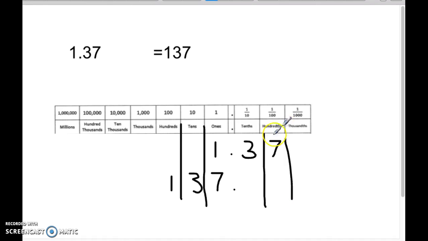So you can kind of see this one has made 2 jumps to the left, as have each of the other numbers. I was a little sloppy, sorry about that. 2 jumps there, the hundredths, tenths, 1. So each of our numbers moved to the left 2 place values. We started at the 1, and it moved from the tenths to the hundredths.